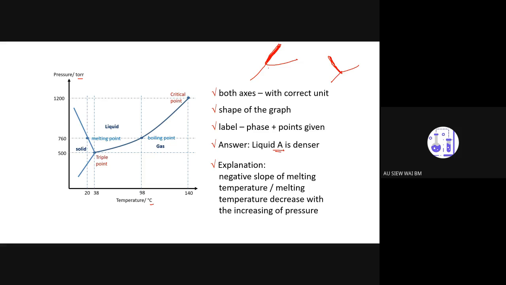Garisan mana yang menentukan dia denser or less dense? Garisan berkumpul. Which one? Garisan yang ini kan? So garisan yang ini menunjukkan mana denser atau mana less dense. So based on this one, because they're negative slope of the melting point temperature, the melting temperature is pada negative, that's why liquid air adalah denser.